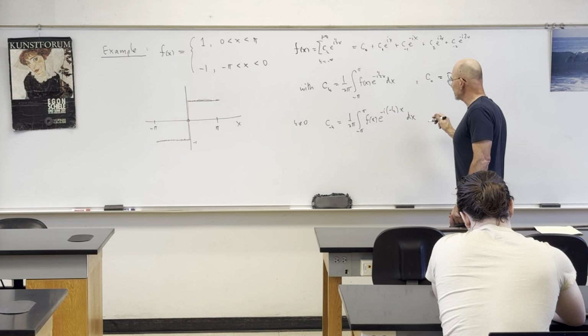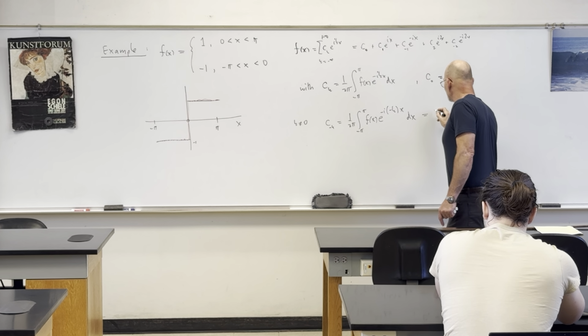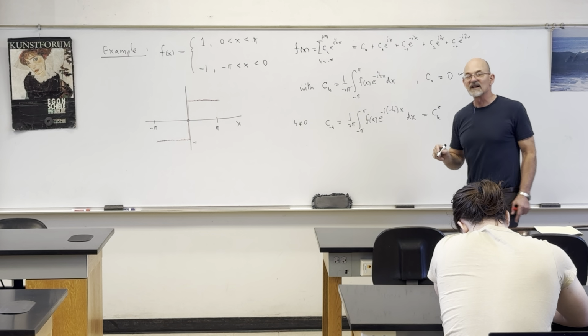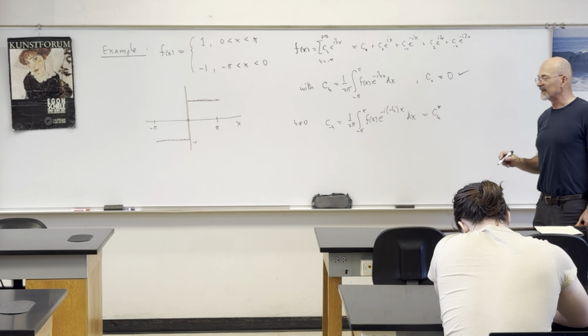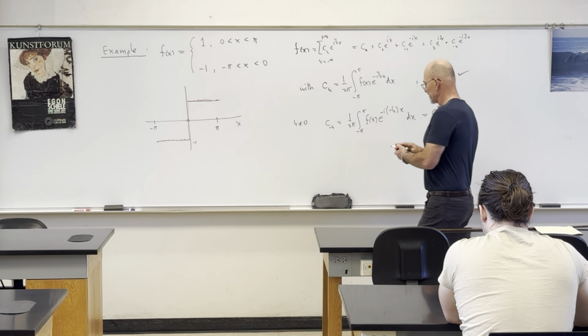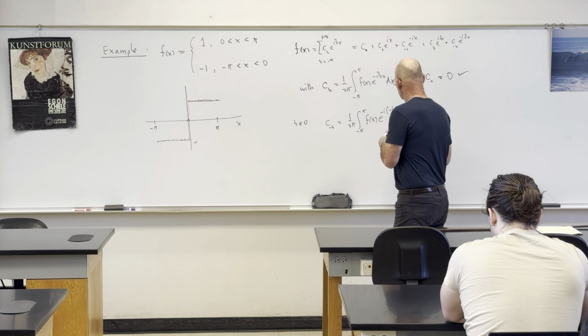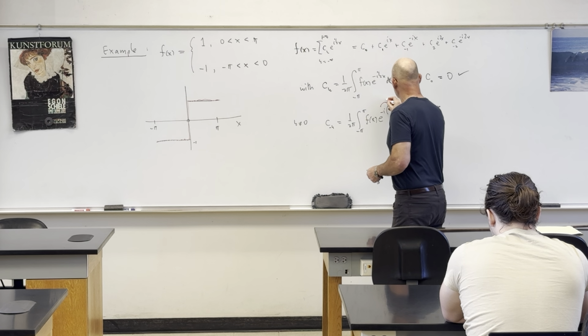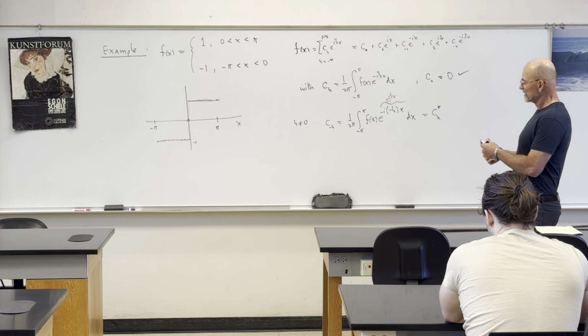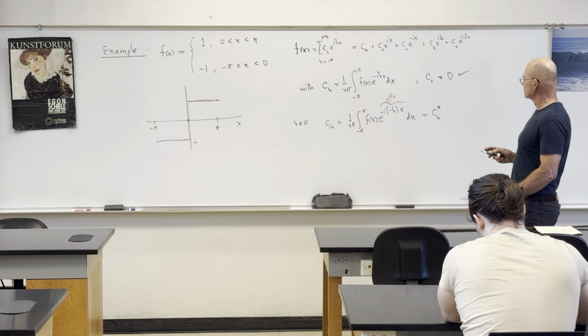That being the case, we can say that c sub negative k is equal to c sub k complex conjugate. That's just a general fact, because this then is e to the i kx, and we've replaced i with negative i, which is the complex conjugated thing.